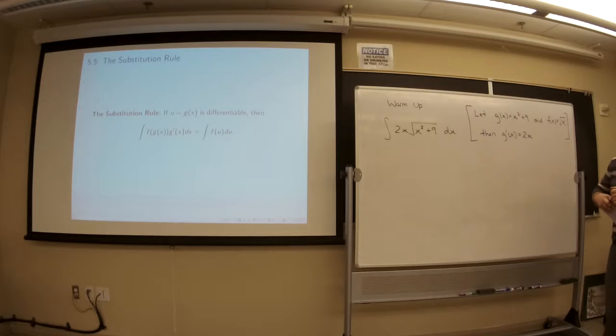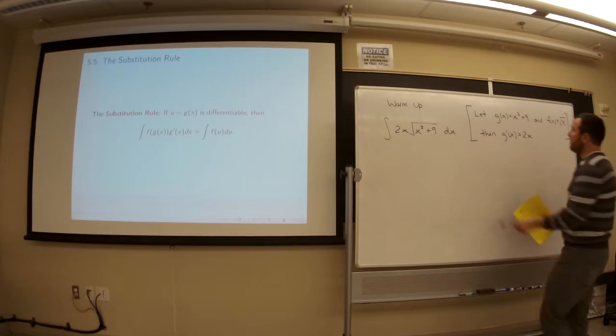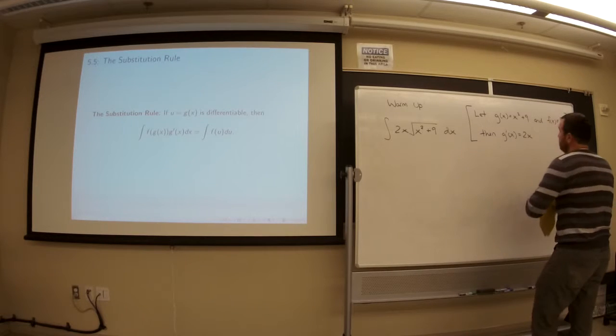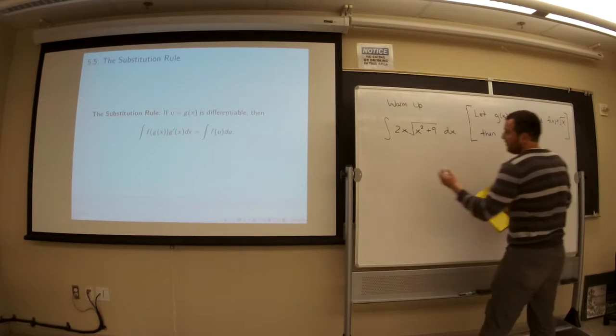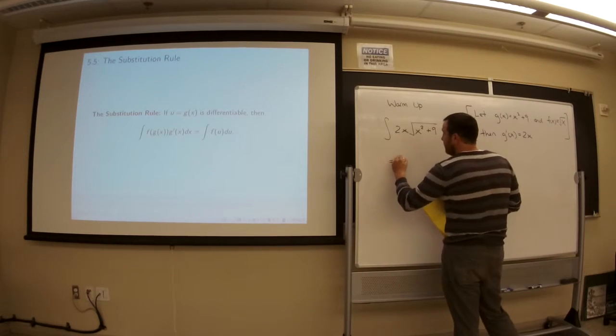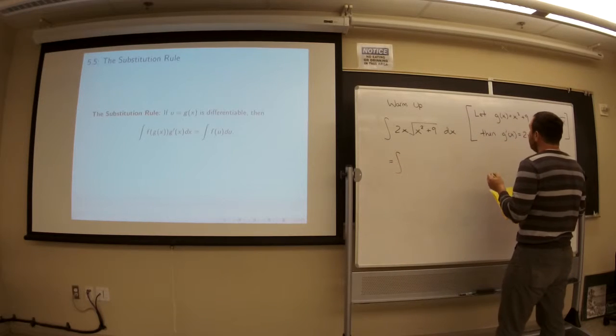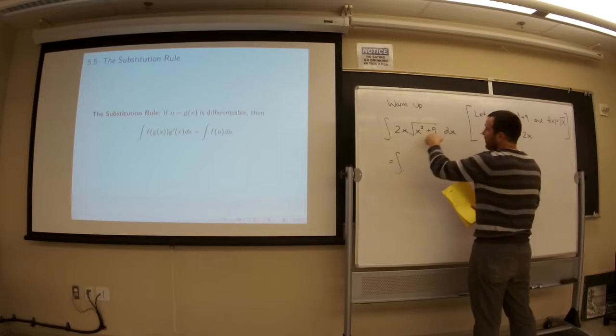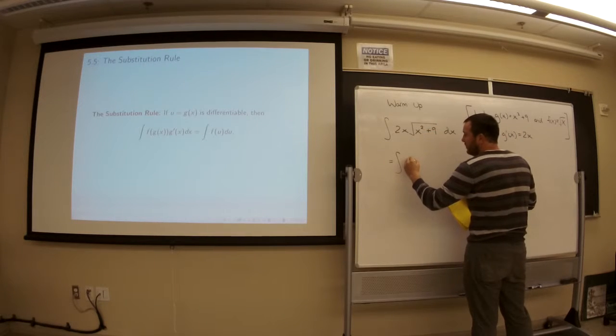Okay, so it's pretty clear that this integral is set up exactly like the left side of the substitution rule. So we could write this as exactly that left side. It would be f composed with g of x for this part, the square root of x squared plus 9.